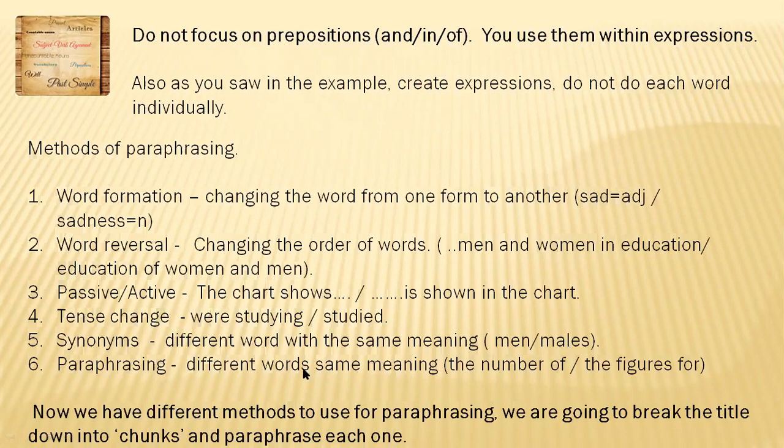Paraphrasing: different words with the same meaning. The number of could also be described as the figures for. Figures are numbers. Yes, so we could do it that way. So now you've got some different methods, which of course, you'll have to investigate and practice and have a decent level of grammar to be able to do this.